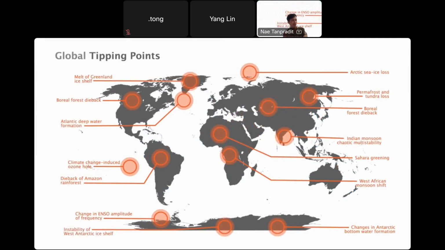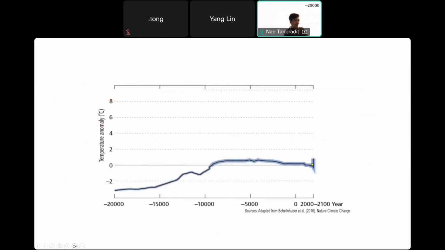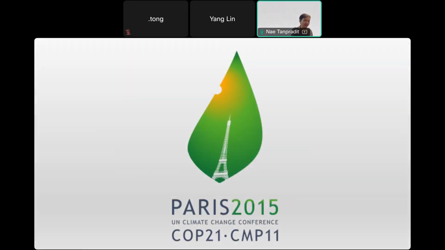Okay, there are many global tipping points of climate change, but the first thing that should not be reached is the Paris range. Why do they call it the Paris range? Because we have the Paris Accord or Paris Agreement, again in 2015, at COP 21, the convention of many of the leaders of the world.